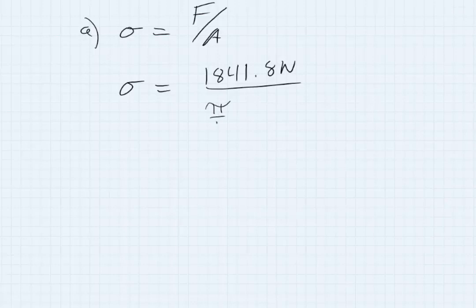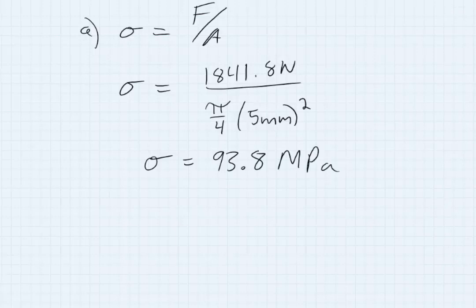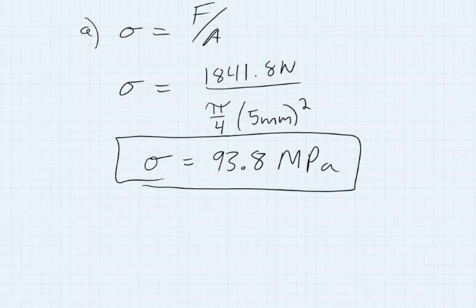So we'll do pi over 4 multiplied by 5 millimeters squared, and that'll give us the stress in rod 1. I get a stress in rod 1 of 93.8 megapascals. And if you're confused on how I got these units, I suggest you look at the unit sheet that has been posted on Blackboard.